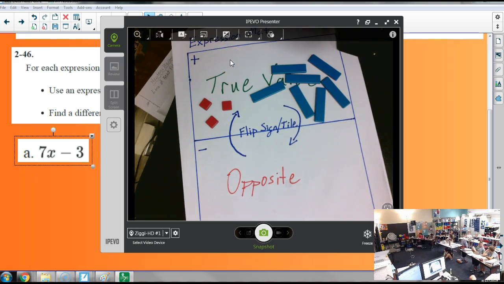Now, the other thing I said was it works the same as subtraction. So I'm trying to get your brain to go away from using that word, but the math works the same, right? Thought process is different, but the math works the same. Simon?